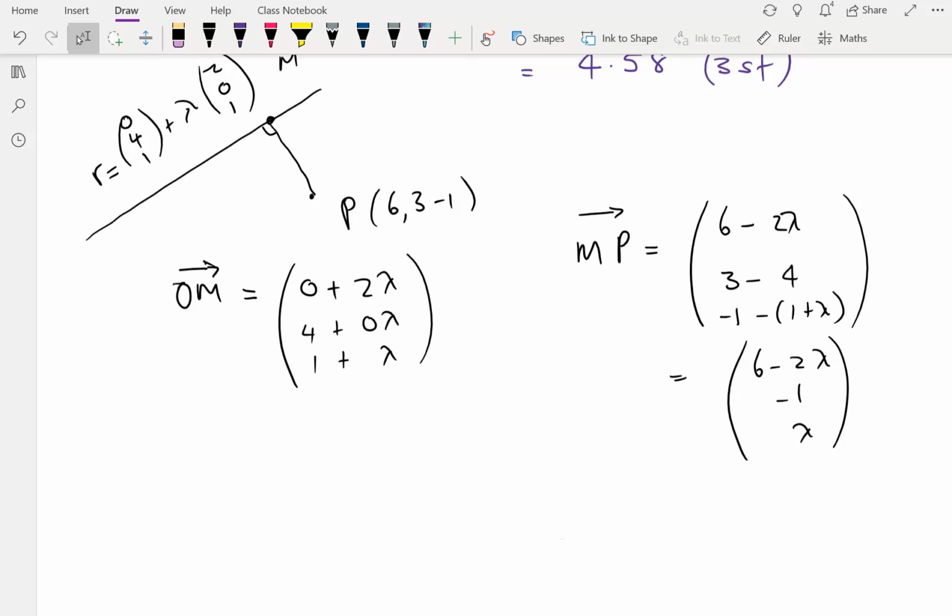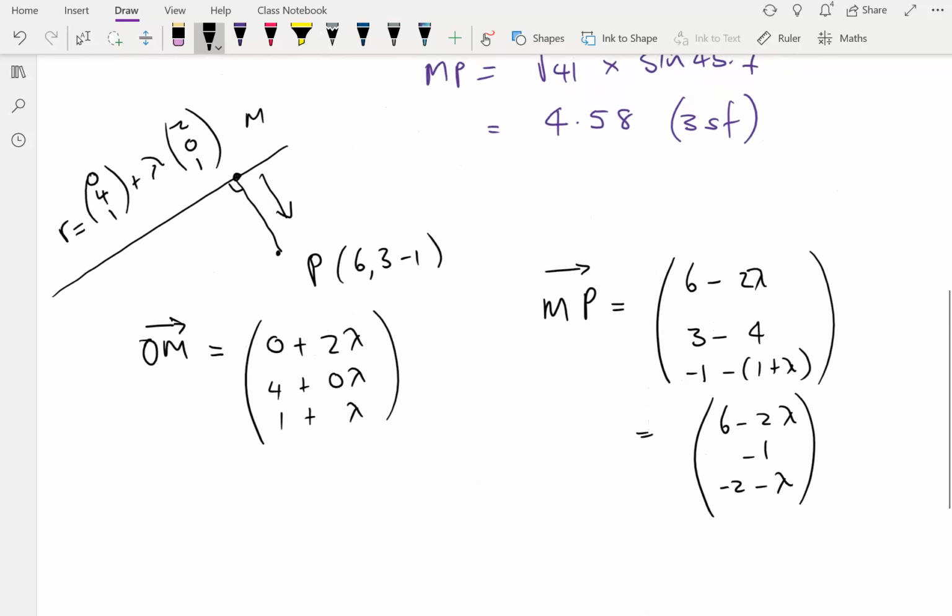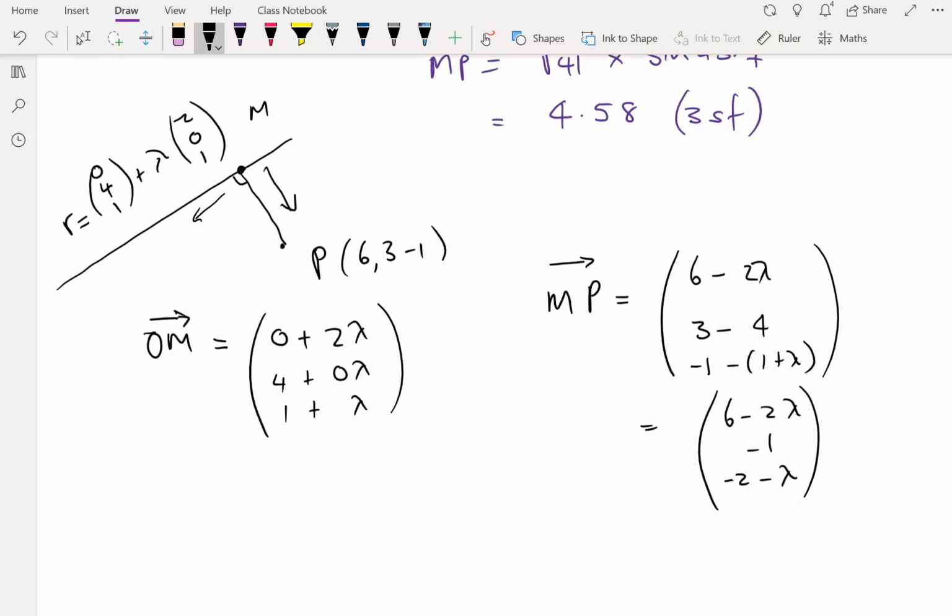Hang on, there's something not right there. This last component's wrong: -1 minus 1 is going to give me -2 minus lambda. Right, that looks a bit better. So what I have now is this vector, and that vector.